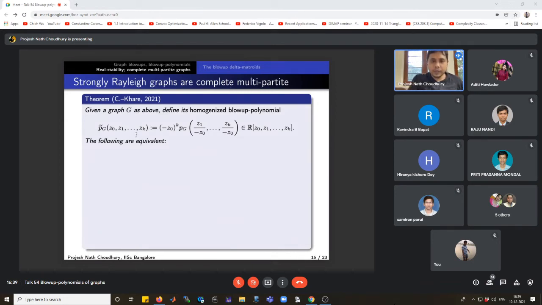So given the graph G, define the homogeneous blow-up polynomial, exactly the same as I told you. Then the following are equivalent.